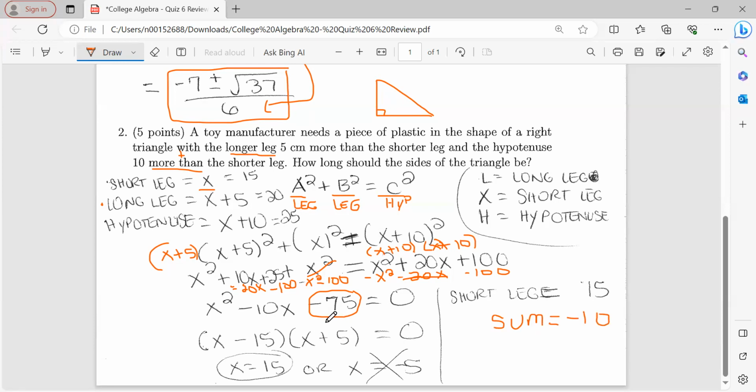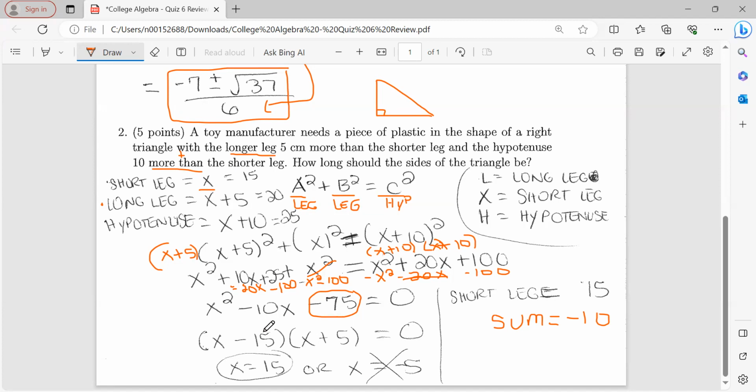The combination we use is negative 15 and positive 5. 15 times 5 gives us 75, and when I add them together, negative 15 plus 5, I get negative 10. So we'll factor using x minus 15 and x plus 5.